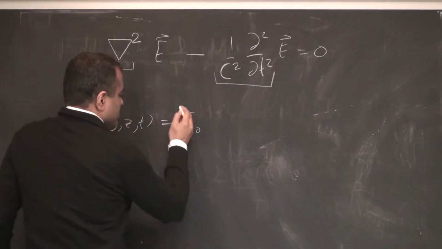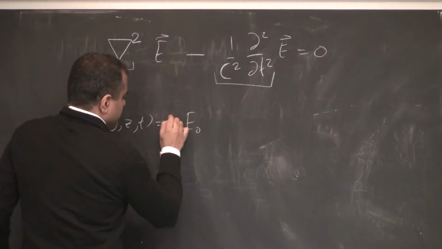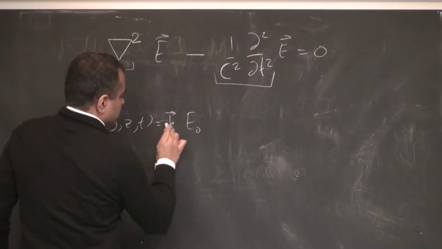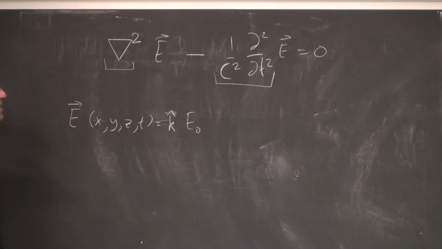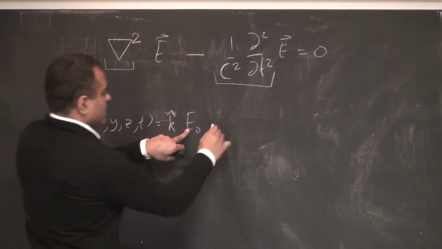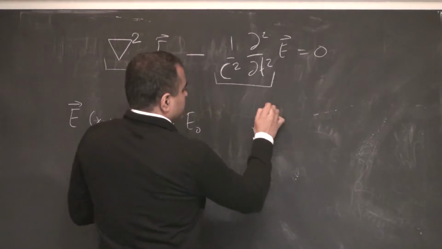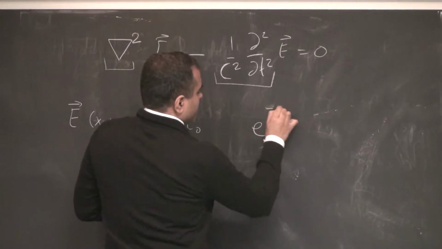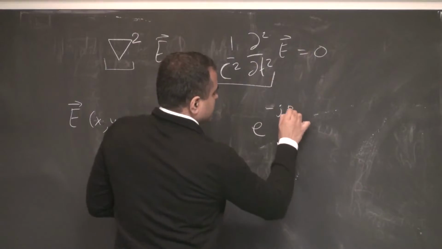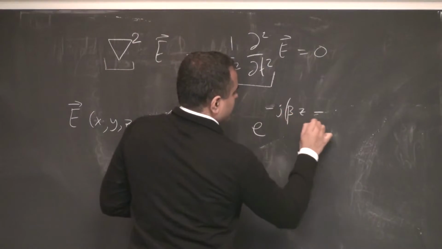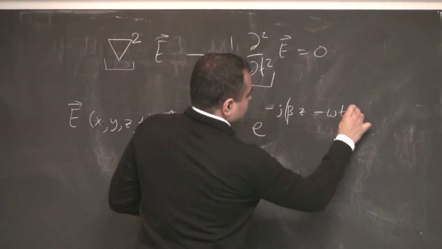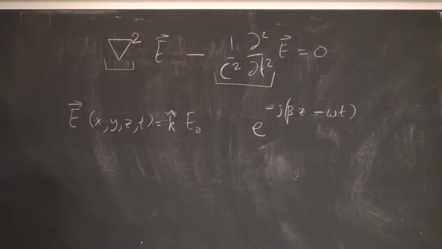Let's put in a direction it's going in, say k hat, and an amplitude of the electric field, and then it goes as e to the power minus j, beta z minus omega t, where omega is the frequency of the electromagnetic wave.